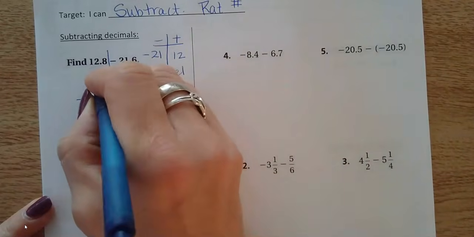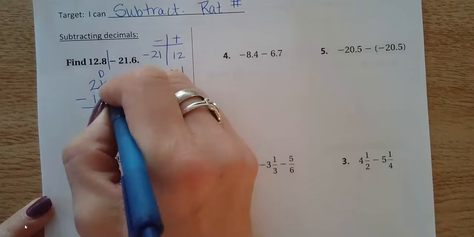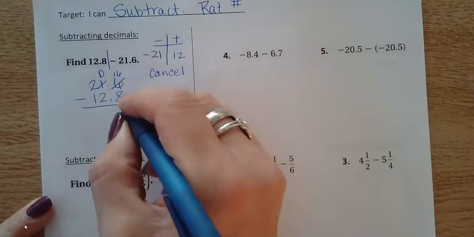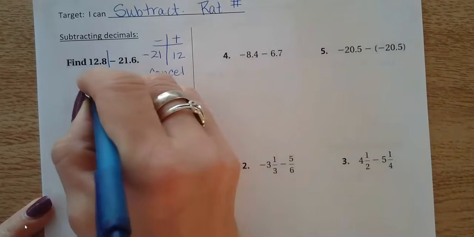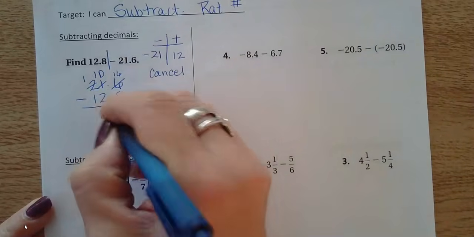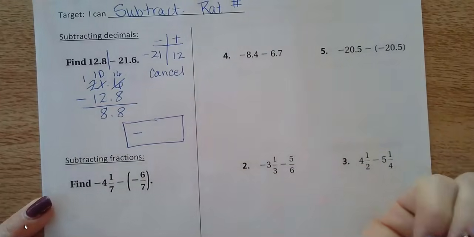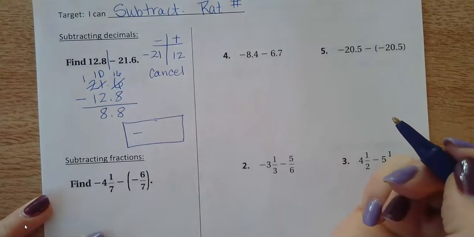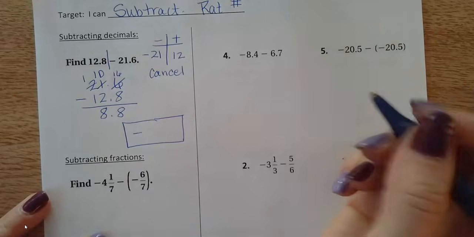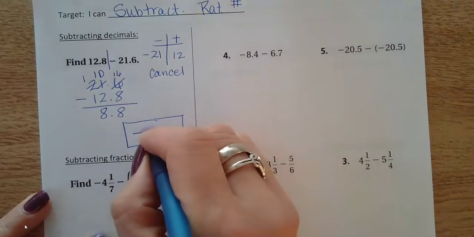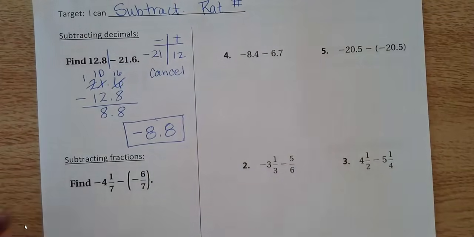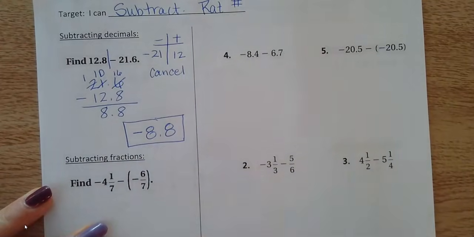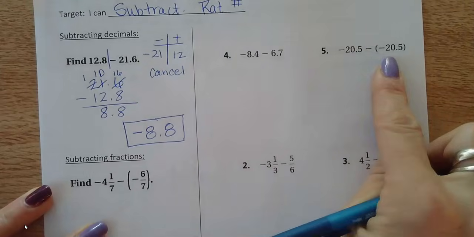Have to borrow, oops, that's a 0, 16, 16 minus 8, have to borrow again, 10 minus 2, and then 1 minus 1 is 0. So if I stopped there, I would have gotten it wrong. But because I already put a negative sign here and I know my final answer, the negative is bigger, negative 8.8.